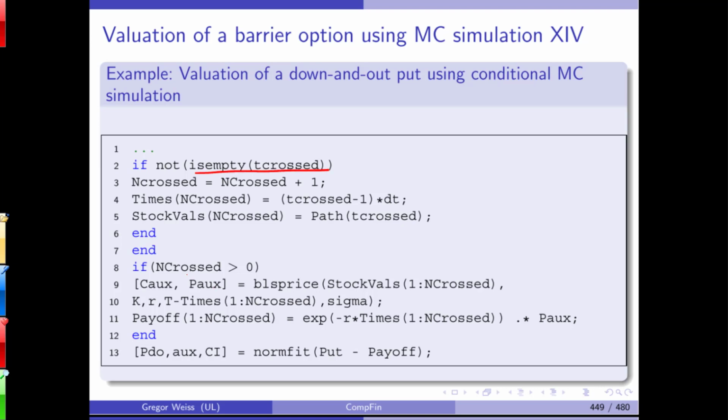If not, if it has been crossed at least once, you can see the auxiliary price, C and P. This is the Black-Scholes price for the term remainder, and then we get the payoff by using those Black-Scholes prices, the auxiliary price, and discounting it. And again, we fit a normal distribution to it to see what the confidence interval looks like.